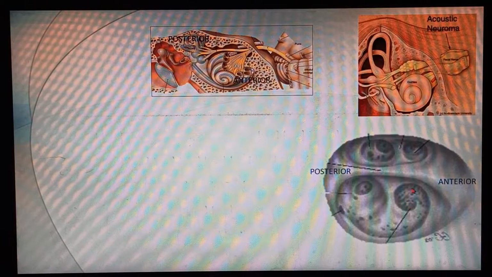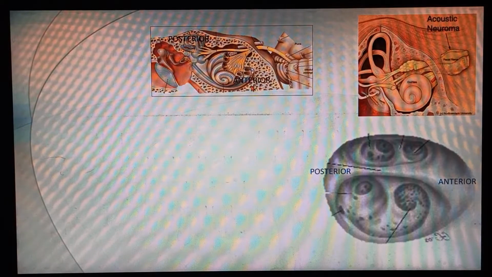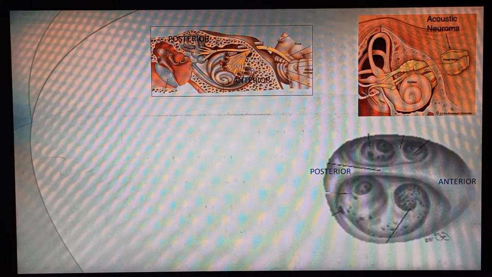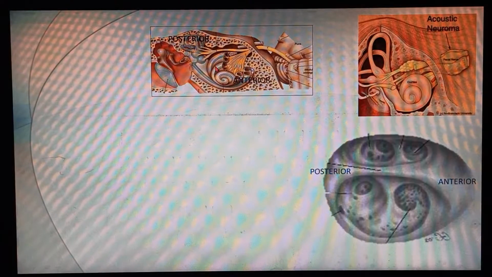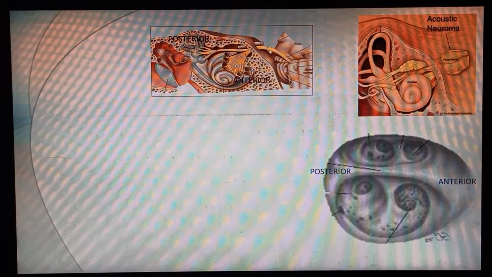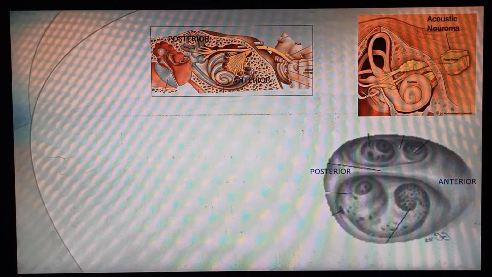Here also your cochlear nerve will be lying antero-inferiorly. Then the vestibular part is here, the superior vestibular part and the inferior vestibular part, while the cochlea lies in the antero-inferior part.